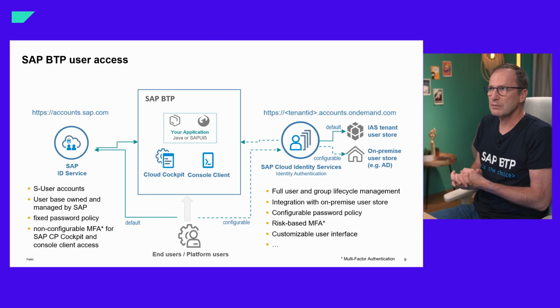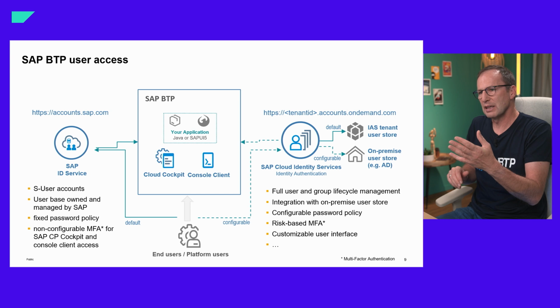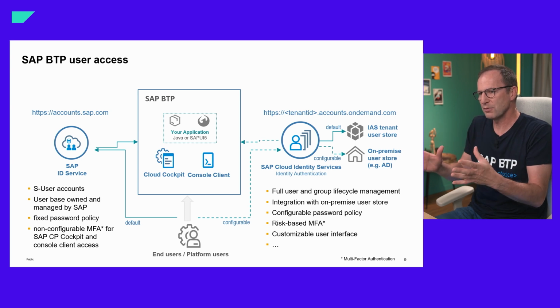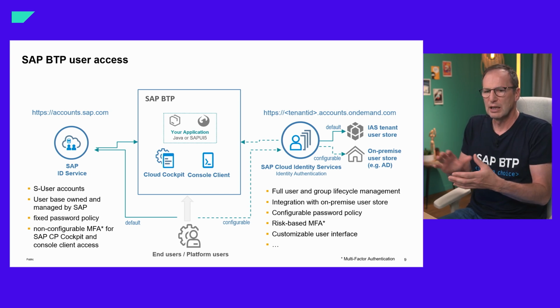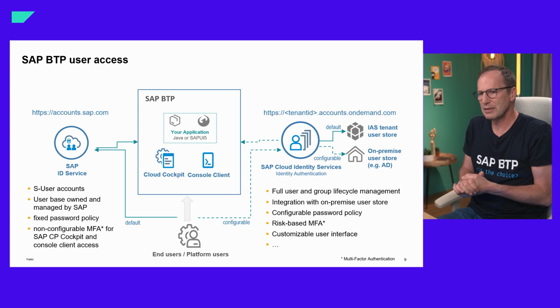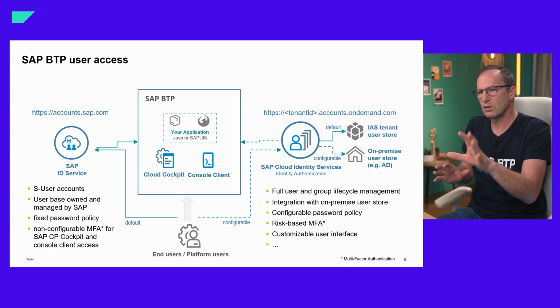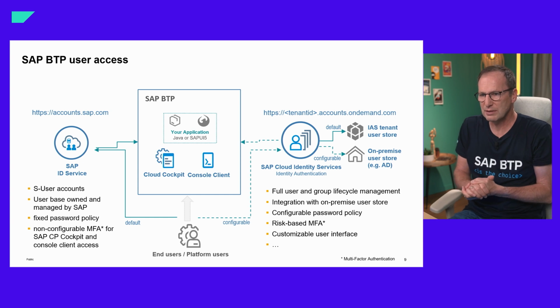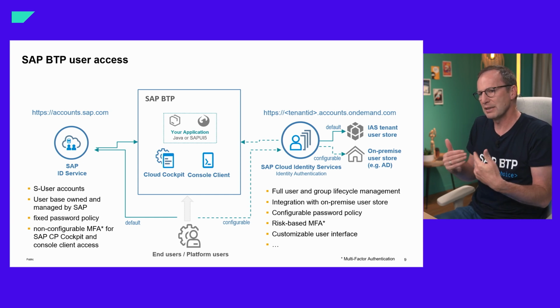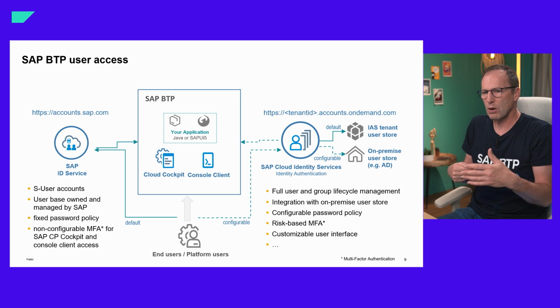And that's for the first exercise. And the background is that you understand how it works with BTP. We have the BTP platform, and per default, this diagram illustrates it. You have configured the SAP ID service, which is SAP's identity provider, and where all the S users, D users, P users are lying.